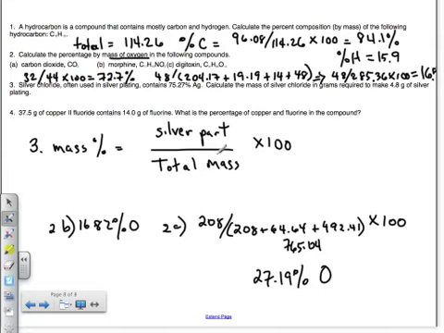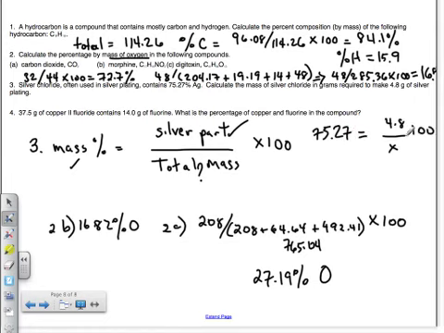And now you can go back and plug in the numbers you're given. Well, you're given the mass percentage. It says calculate the mass of the silver chloride in grams required to make 4.8 grams of silver. So the silver part you have, it's 4.8, and this is the part you don't know. All right? So I have 75.27 equals 4.8 over x times 100.